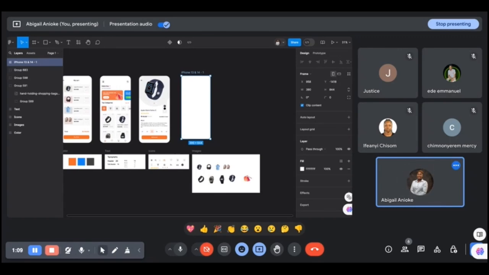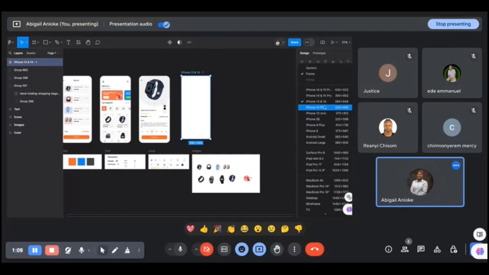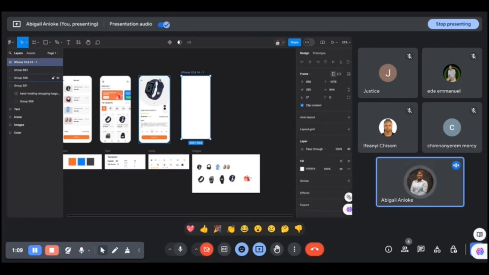So you only see iPhone 8, 8 Plus, and the rest of that. But the more new products come out, the more you get to see. So we have our screen. I'm trying to use the exact one here.